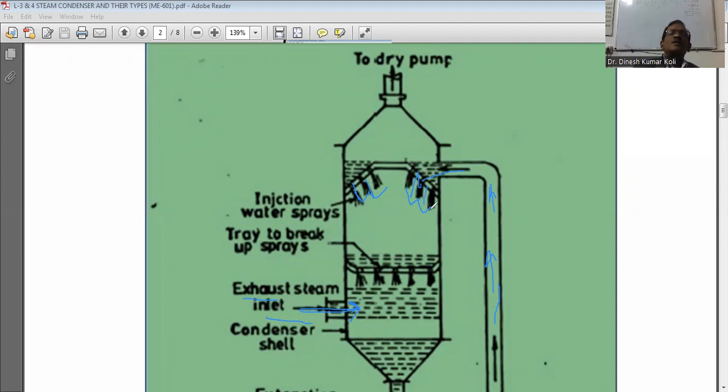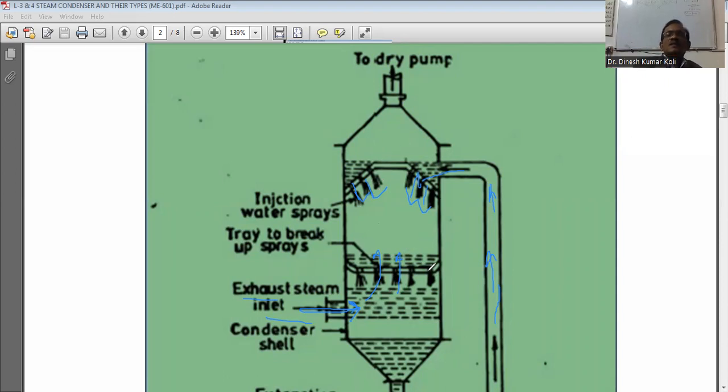The water through the sprays is converted into small particles, and the steam is reaching here. When this steam goes up, because it is lighter and slightly hot, it will go upward and the water will come downward. So there will be mixing of these two fluids, meaning the exhaust steam will mix with the cold water.